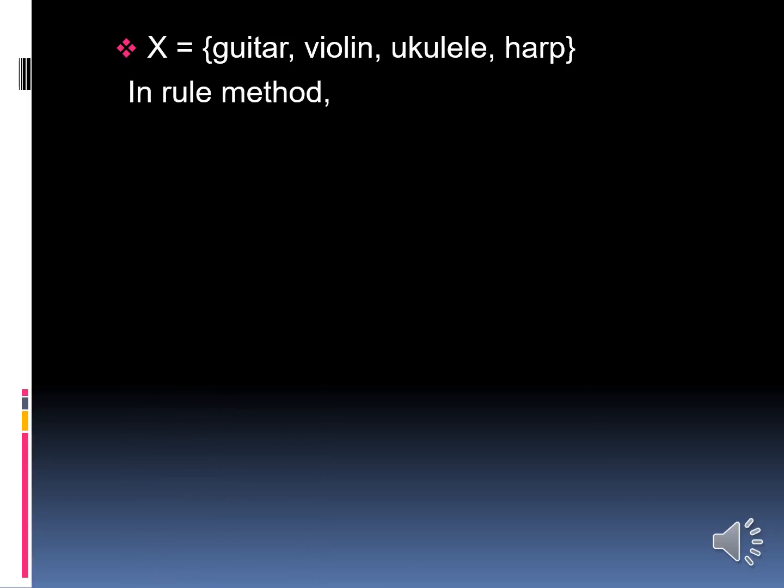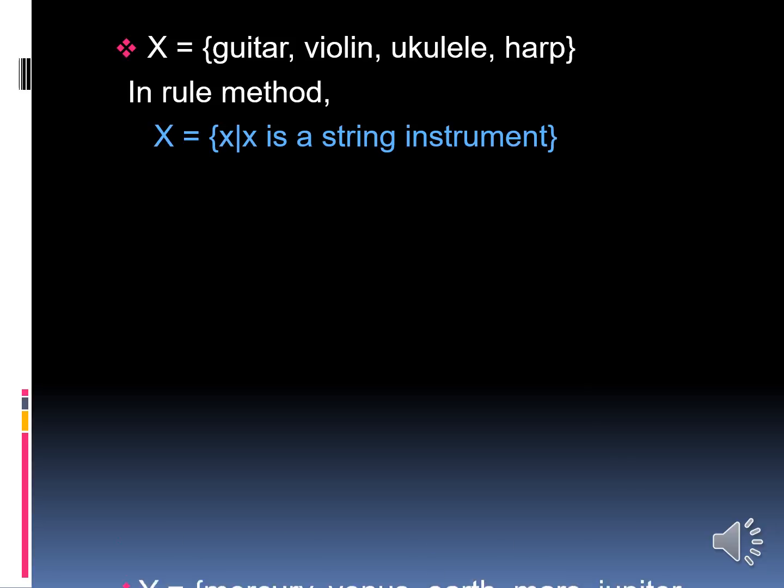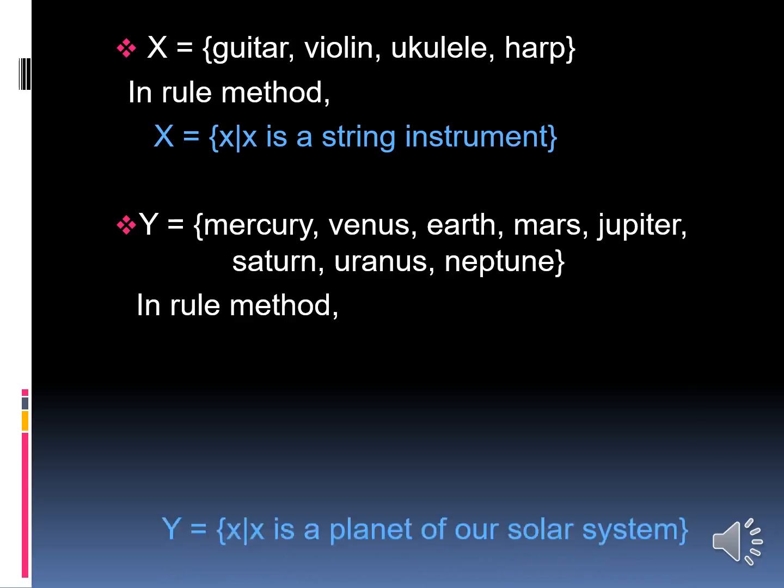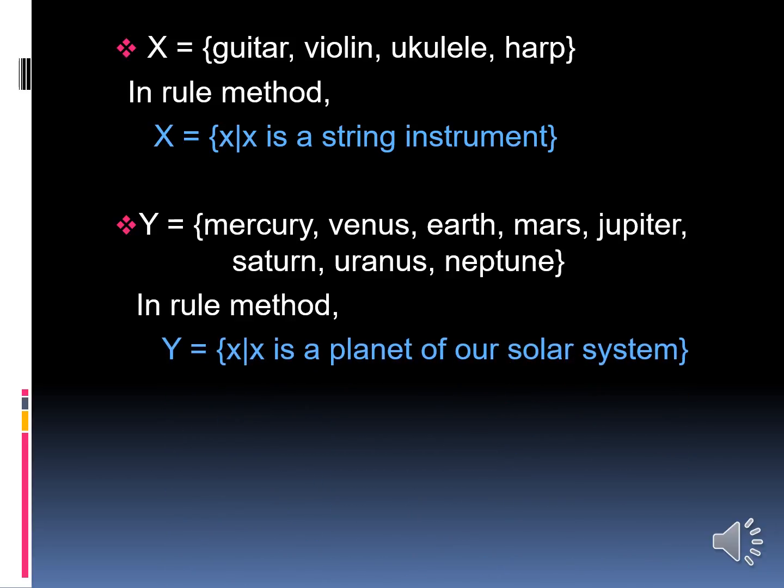So by rule method, X is a set of all x such that x is a string instrument. Another example, Y, which has the elements Mercury, Venus, Earth, Mars, Jupiter, Saturn, Uranus, Neptune. So by rule method, Y is the set of all x such that x is a planet of our solar system.